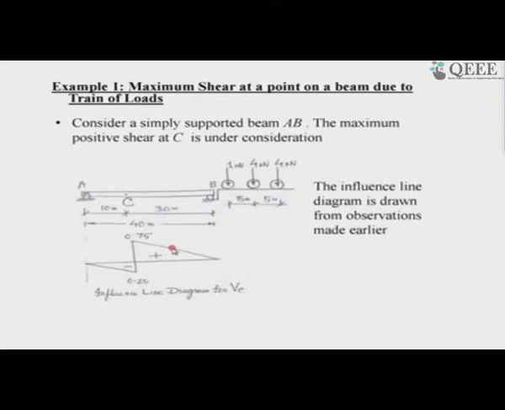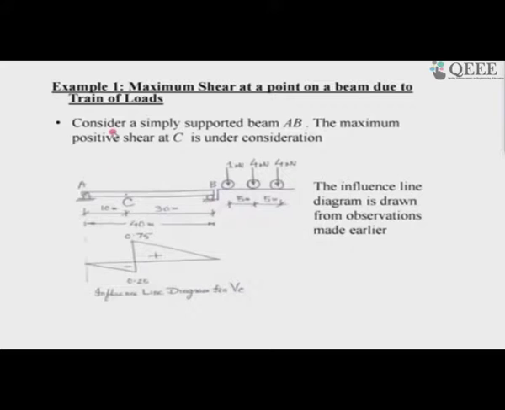So, how to examine carefully, that is the question. You cannot conclude immediately that the influence of the shear force will be maximum for this configuration unless you examine these cases carefully. One thing is clear, that I want to place the loads in such a way that one of the loads is at the maximum possible positive shear.